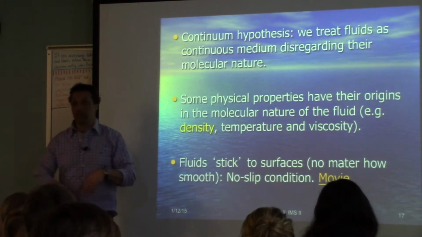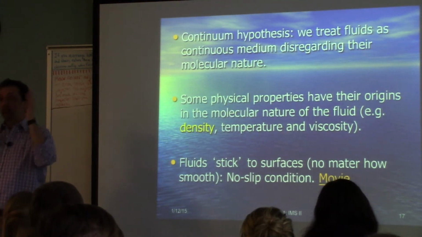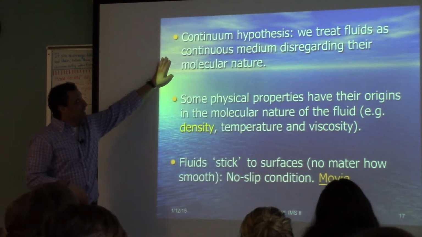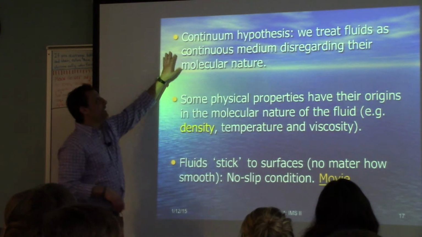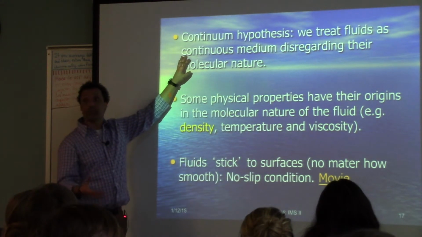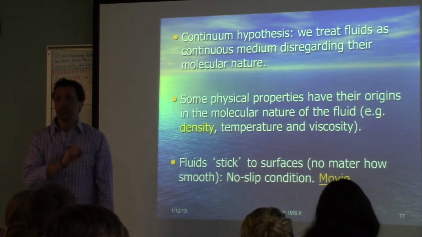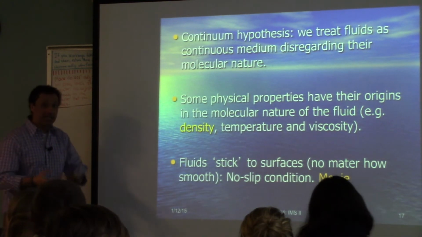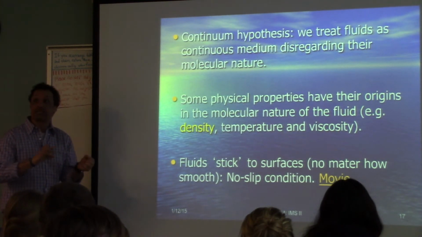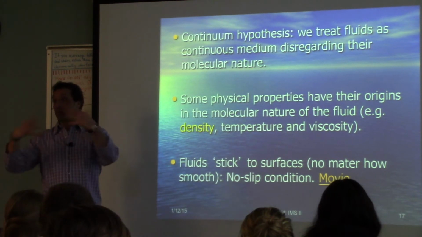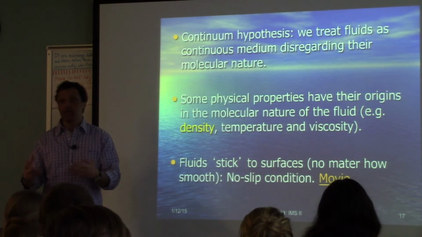It's too hard. We're going to have to deal with 10 to the 23 molecules and how they move in a small volume. So this is a great hypothesis in that it allows us to describe a lot of things that happen with fluids, including writing equations for their motion, without needing to go to the molecular level. And then certain molecular properties, like the motion of individual molecules, have a macro expression like temperature.